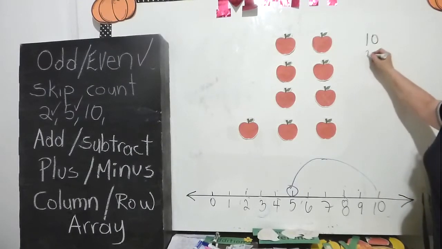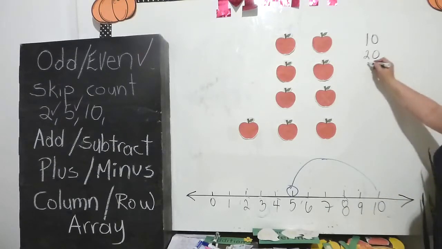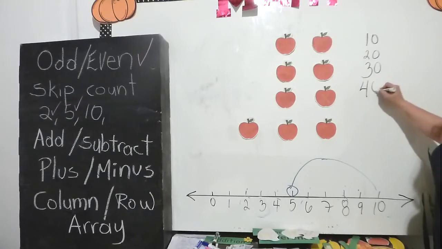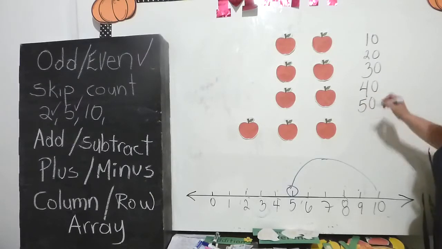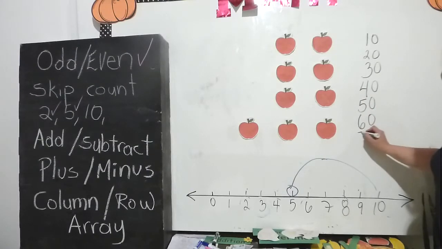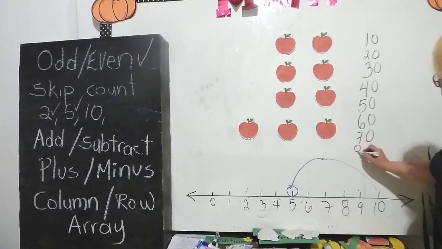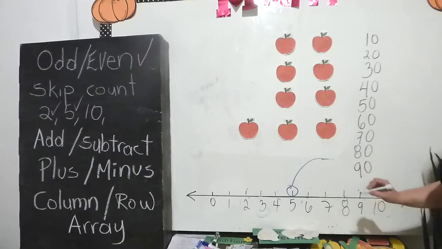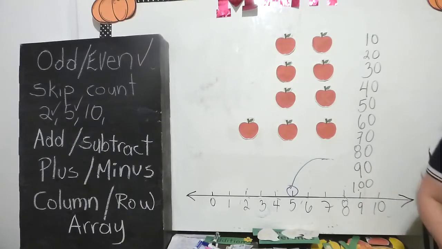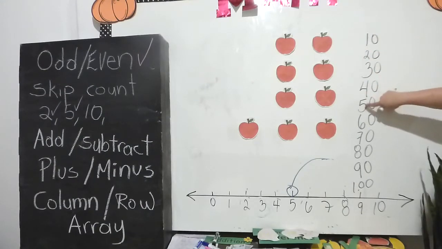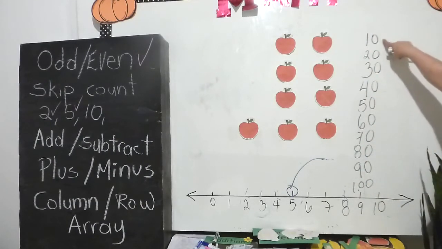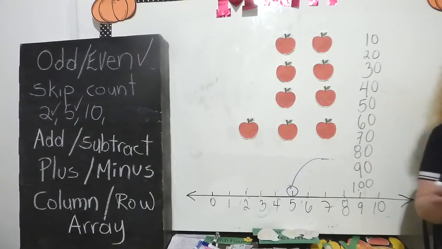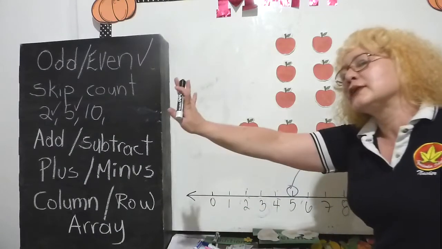What's next? 20, 30, 40, 50, 60, 70, 80, 90, and 100. You get it? Look. 1, 2, 3, 4, 5, 6, 7, 8, 9, 10. 10, 20, 30, 40, 50, 60, 70, 80, 90, 100. Get it?